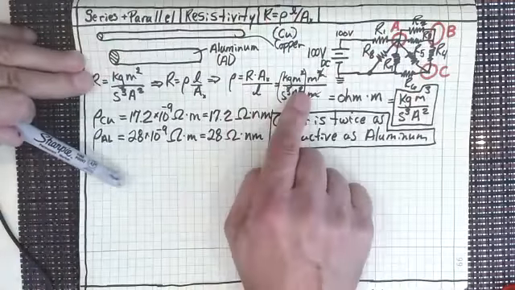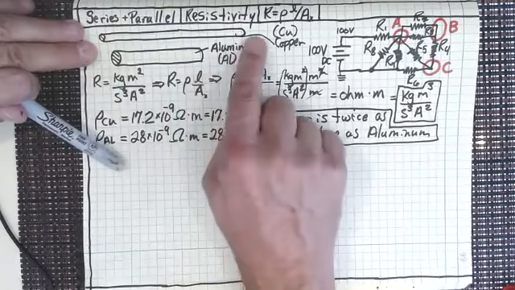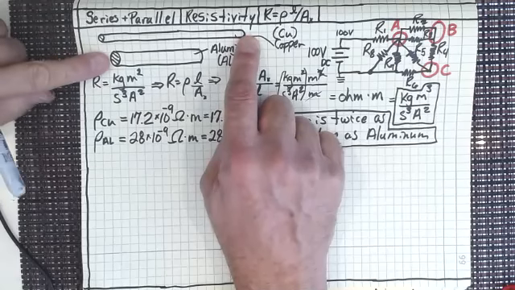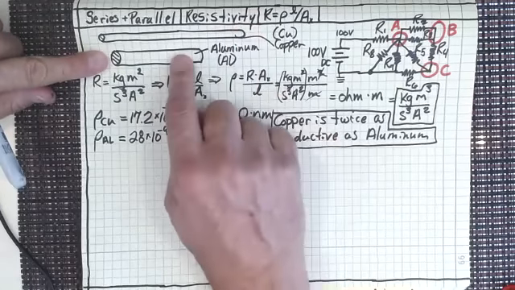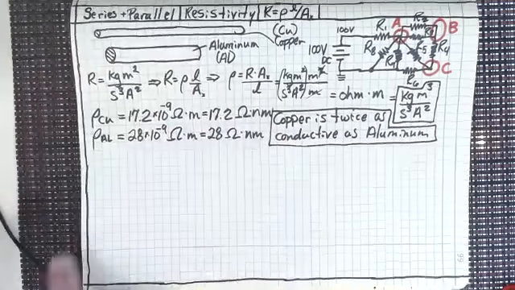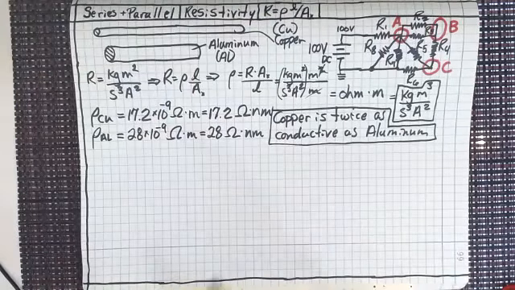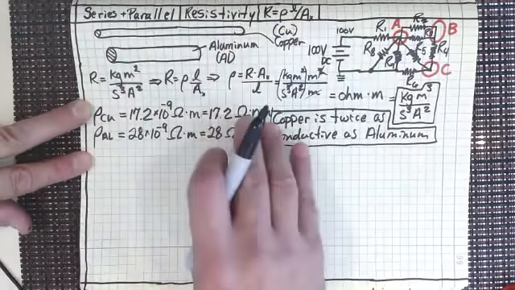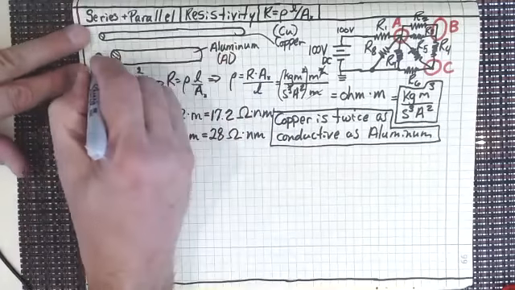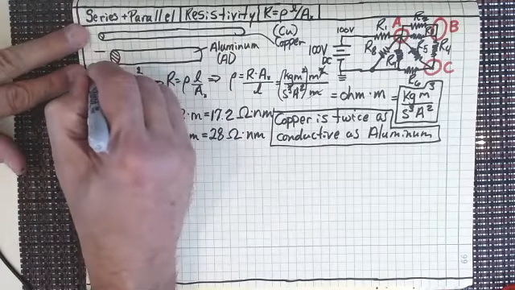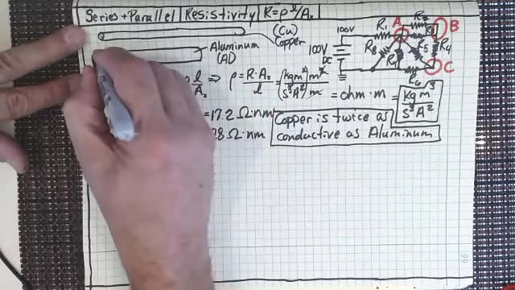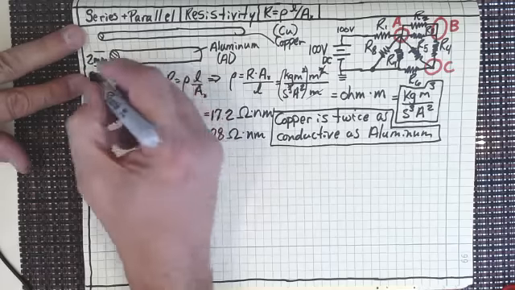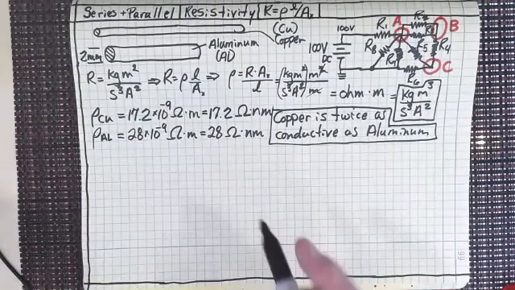And now what I want to look at is what's the difference in these two things. So let's say that we wanted to have something that had the same resistance, and I'm using copper and I'm using aluminum, right? So if I had this longer piece of aluminum, let's say that this is going to be 2 millimeters. So I've got a 1 millimeter radius, right?